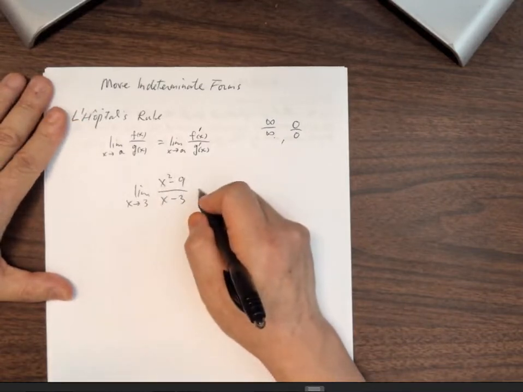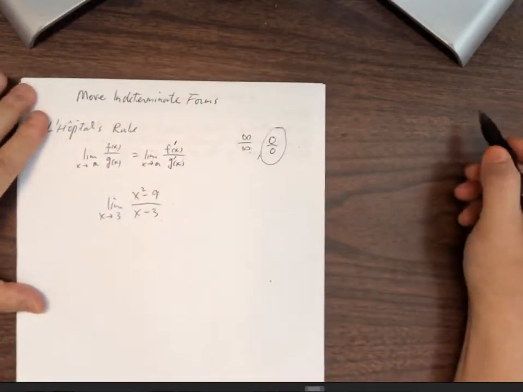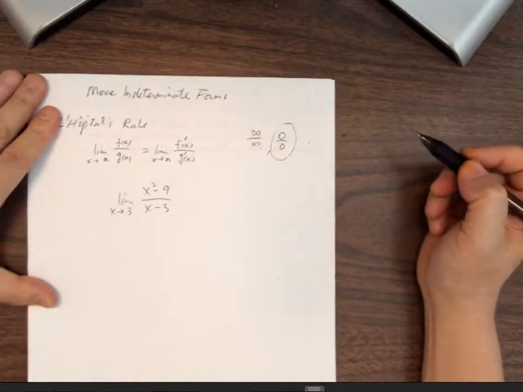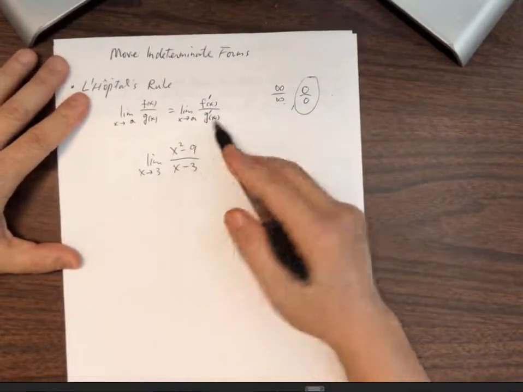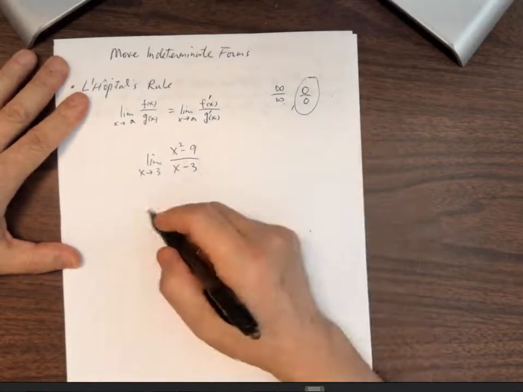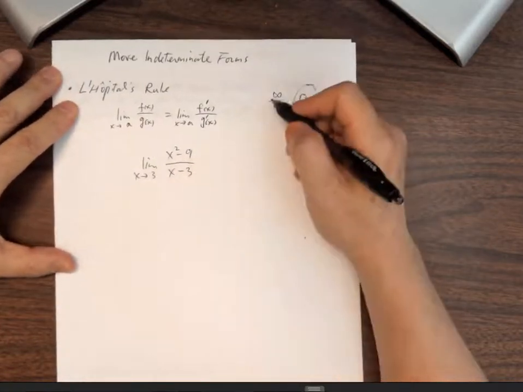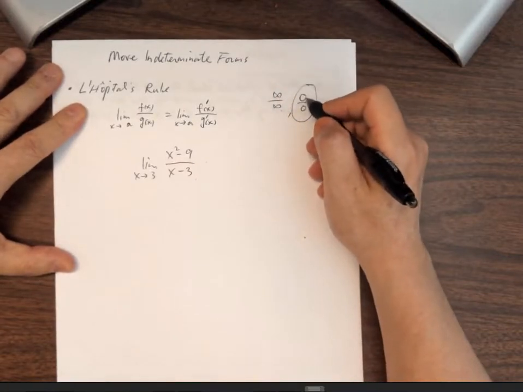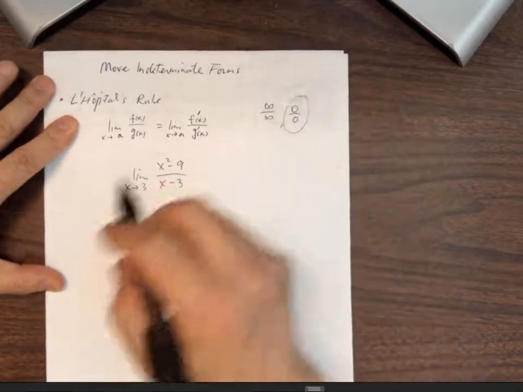So this is considered an indeterminate form, 0 over 0. Similarly, other indeterminate forms can be determined. Either it's going to be infinity over infinity or 0 over 0.